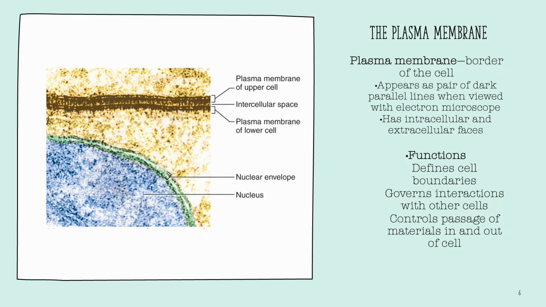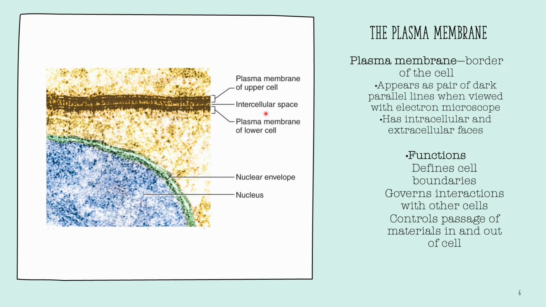The plasma membrane. If you look at the picture in the frame here, you see that it is part of a cell. It shows you the nucleus, the nuclear envelope, plasma membrane of the lower cell, what else?